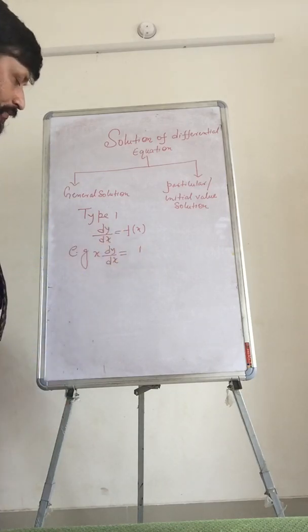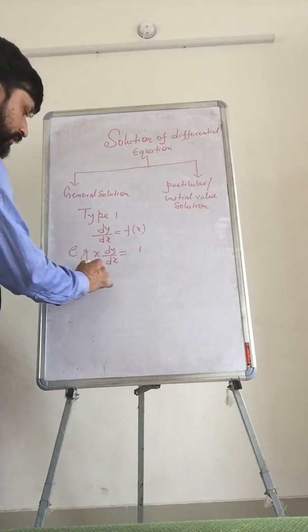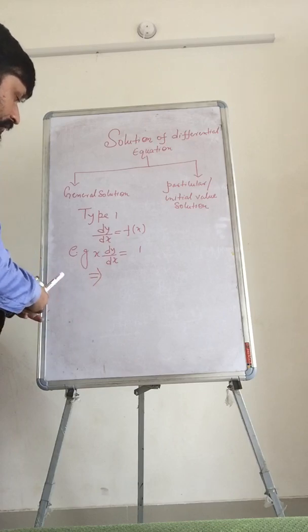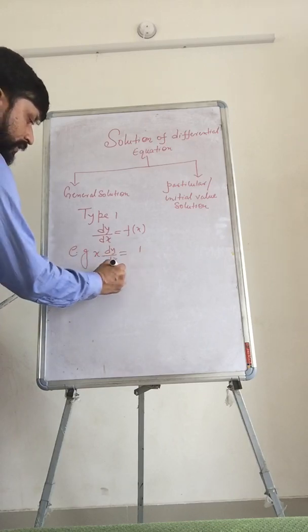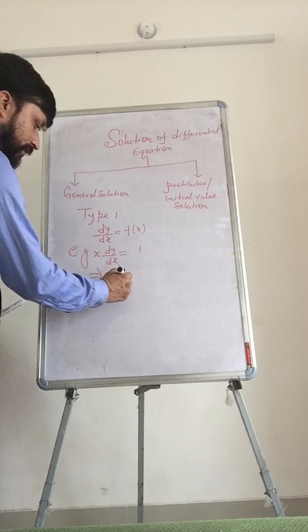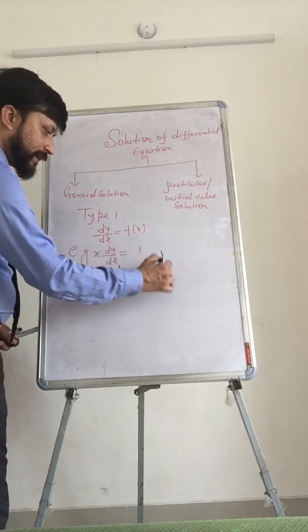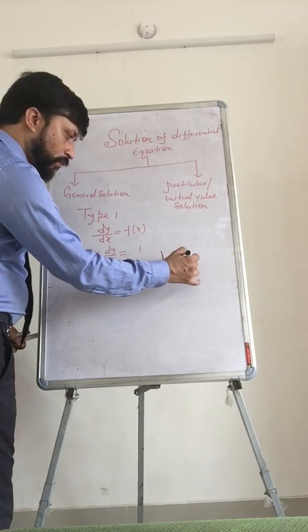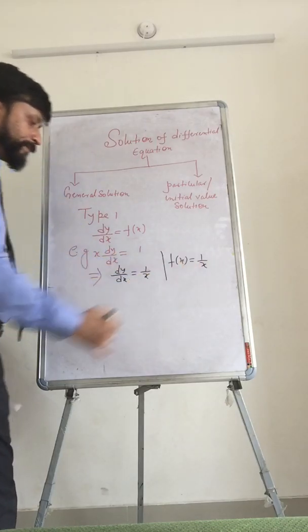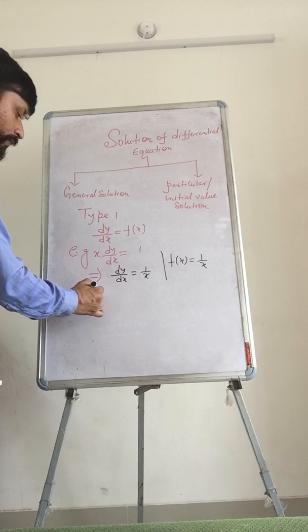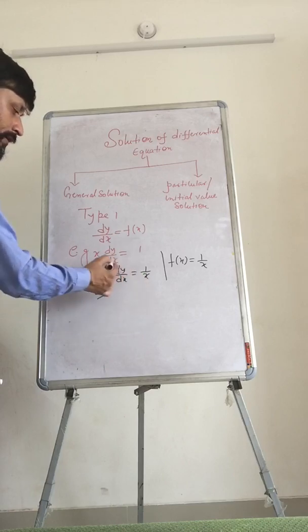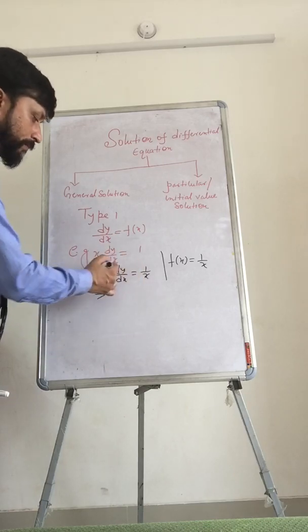This is your differential equation. Now we can convert this and write dy by dx equal to 1 by x. So your f(x) here is 1 by x. Next, we will convert this into integral form.